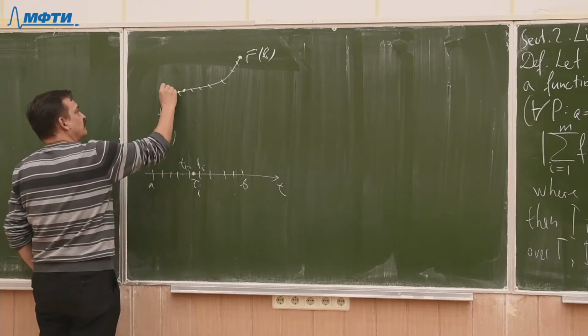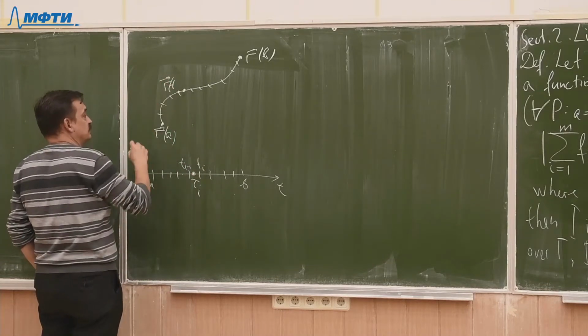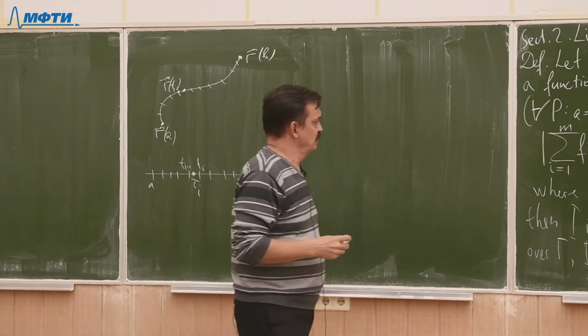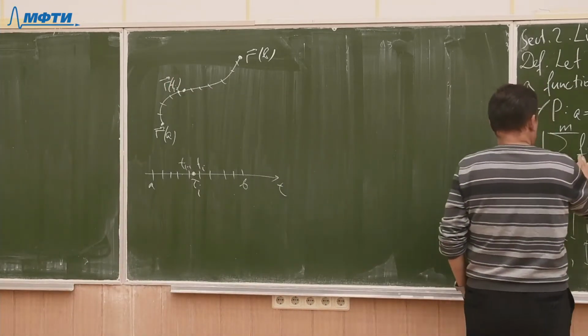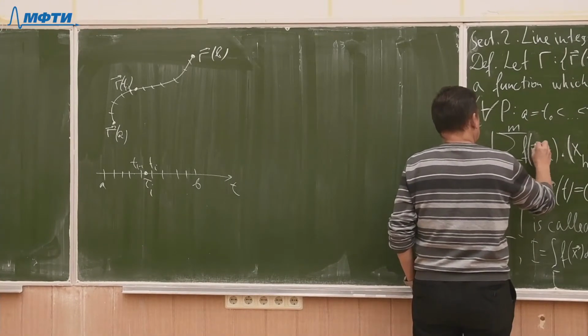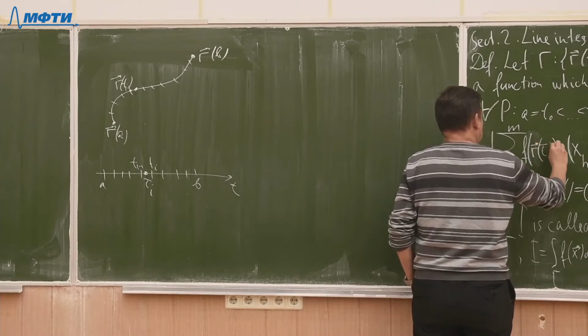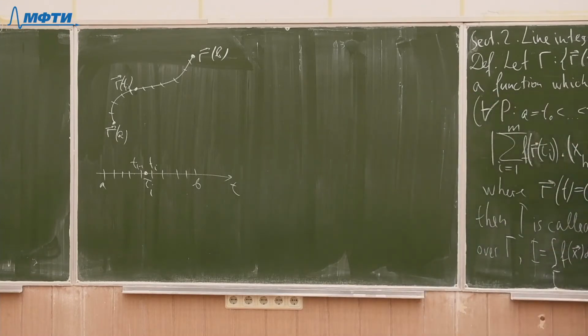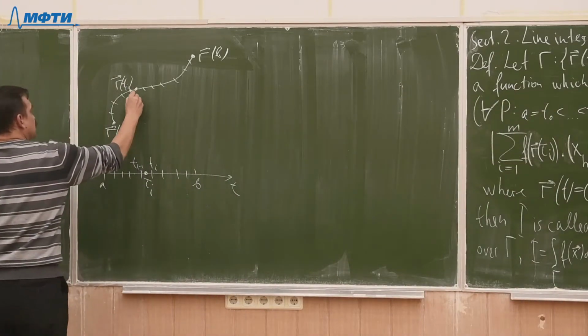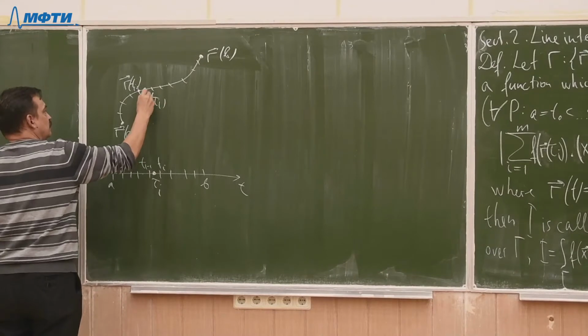Here we have r of t_{i-1}. Oops, I forgot about r, I'm sorry. Also here, r should be included. So that is r of tau i.